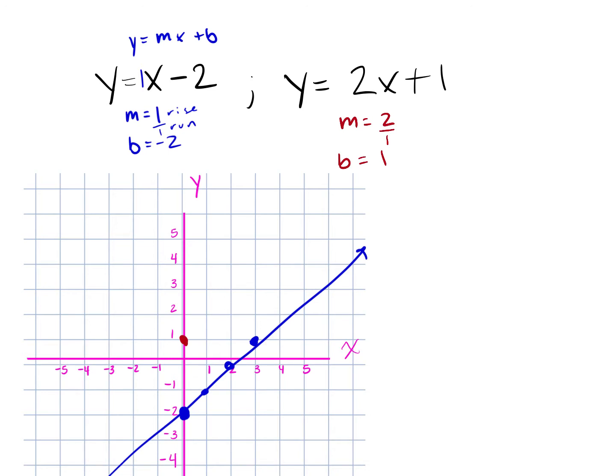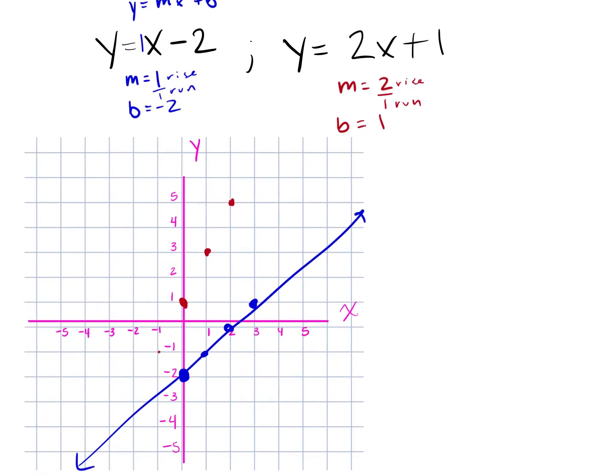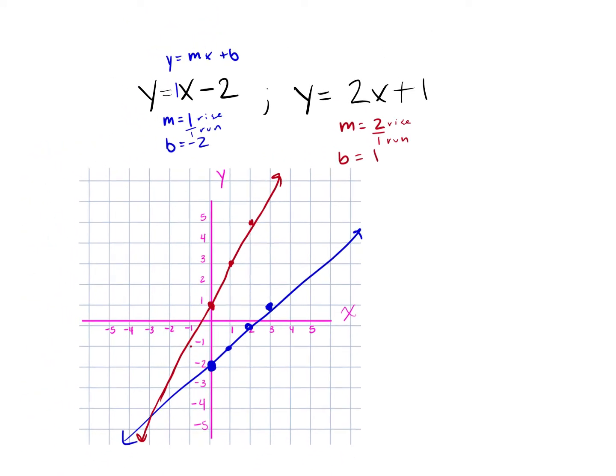Up 2 instead of right. Perfect. So I can make it 2/1. So my rise would be 2 and my run is 1. So I go up 2 to the right 1, up 2 to the right 1. Once we have a few dots, we can connect our dots with the line. So there's our two graphs.